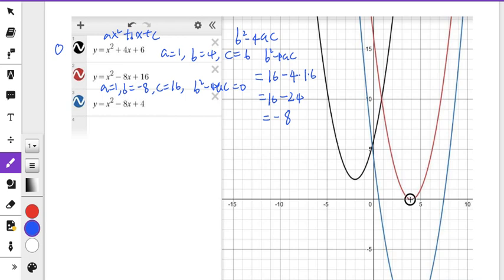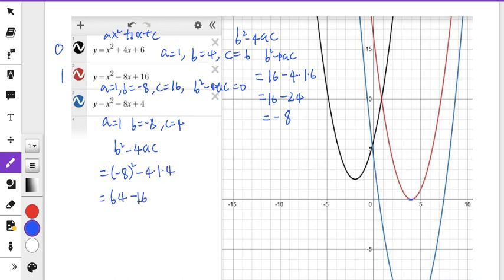As you can see in the graph here, it intersects the axis only once, so it's 1 solution. The last one is a is 1, b is negative 8, c is 4. Again, you can do the calculation by yourself, which is negative 8 squared minus 4 times 1 times 4. So it's 64 minus 16, then we are looking at 48.